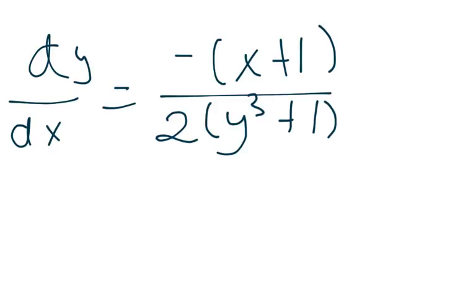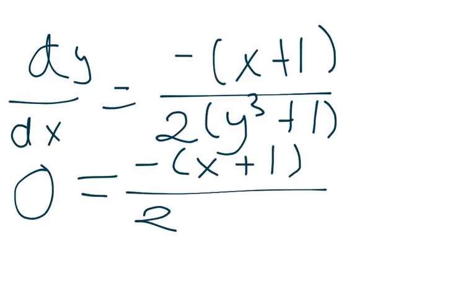Then we plug in the derivative 0, which will equal negative x plus 1 over 2y to the third plus 1.